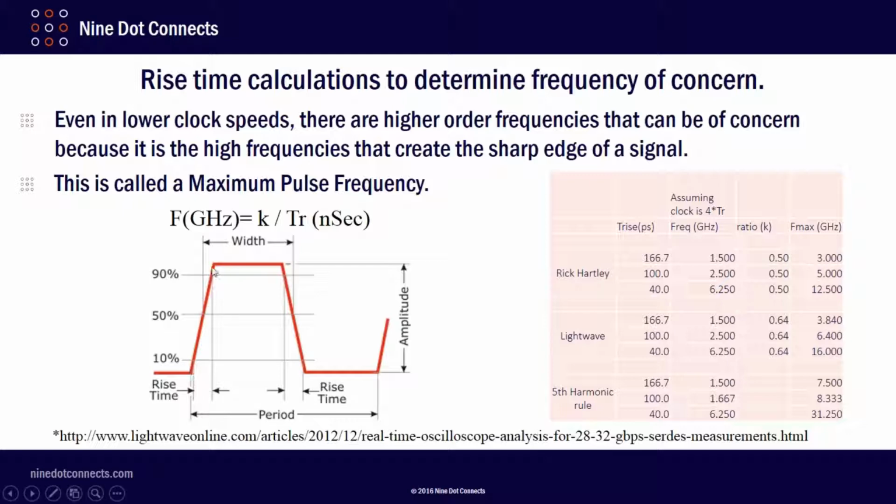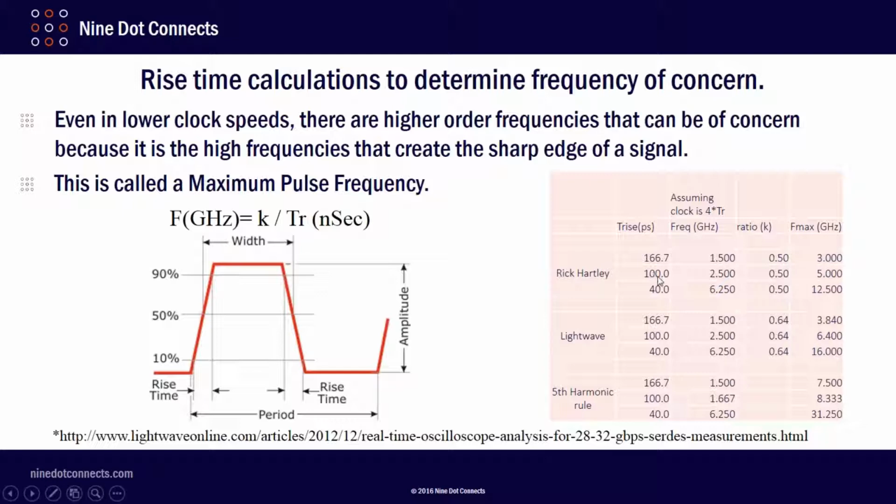So you basically have 166.7, 166.7, same here, and same here. That's 1 period. When you do that, you can see that the frequency of concern of the main period is 1.5 gigahertz. When you take this equation and you use the K of 0.5, then Rick would say that your frequency max would be 3 gigahertz.